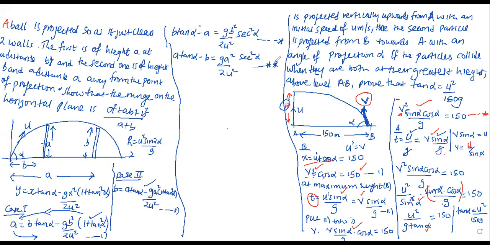Now, with this reason, we are good to go and divide. If I divide star 1 by star 2, this is going to be b tan alpha minus a over a tan alpha minus b is going to be equal to b squared over a squared.